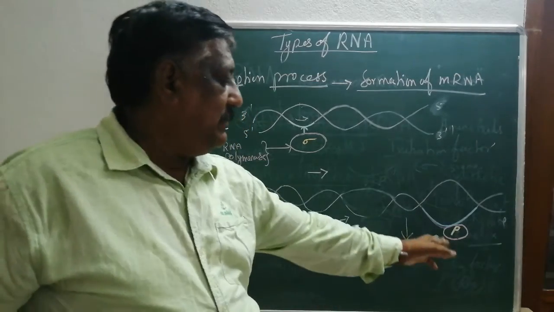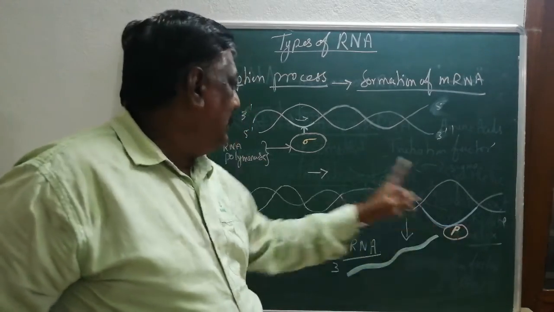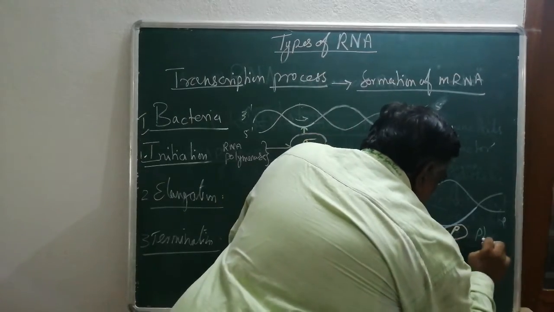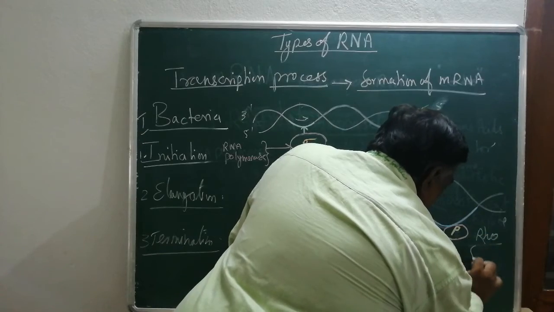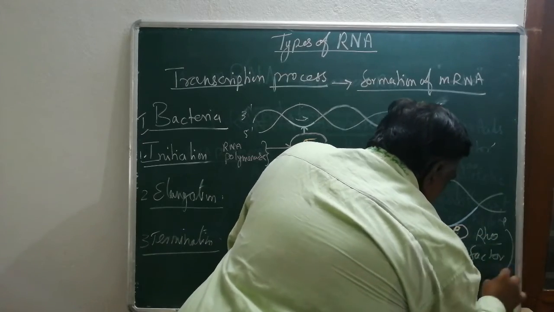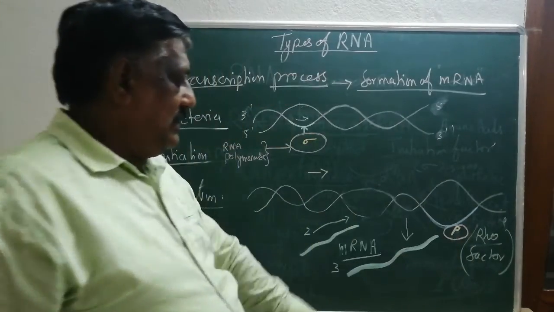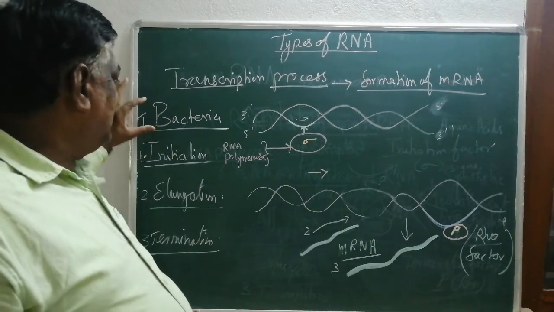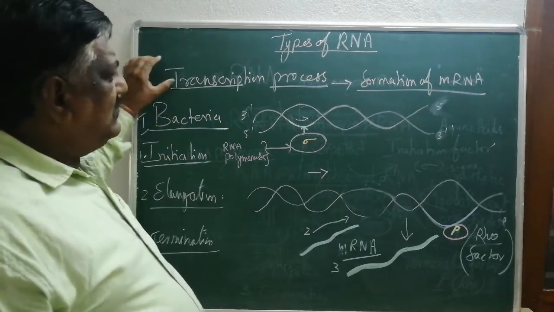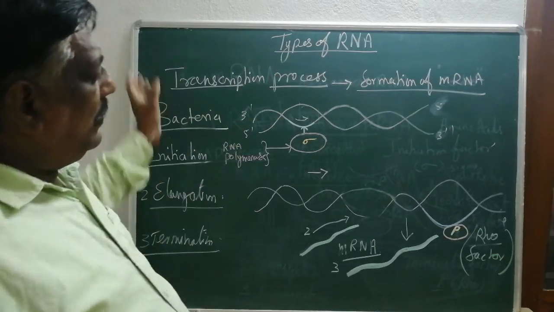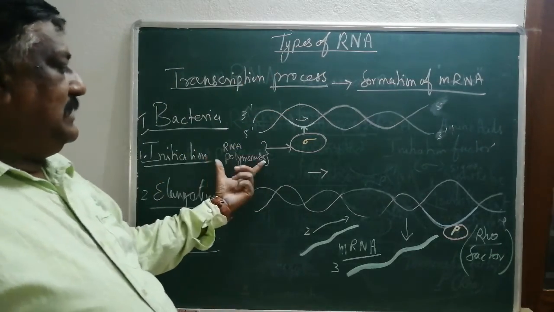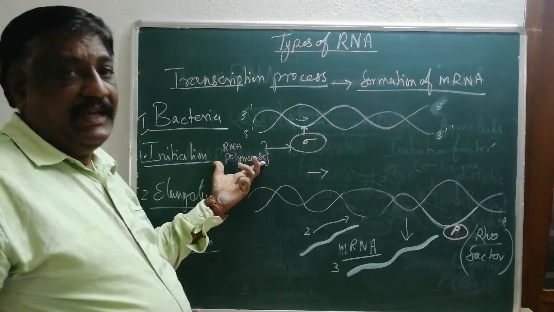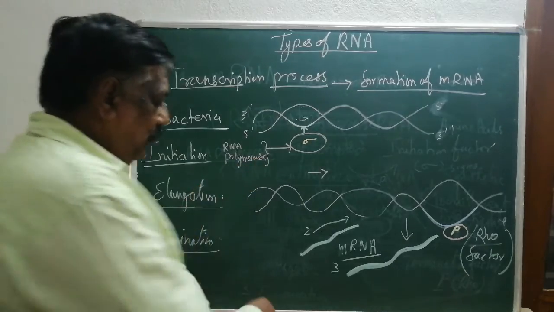Third one is termination, where it is joined with a different factor called Rho factor. When it joins with the Rho factor, it breaks and releases the mRNA. This is the process which takes place in bacteria. It's a very simple 3 steps. All these 3 steps are taken care of by one single RNA polymerase enzyme. Okay, now we move on to the next.